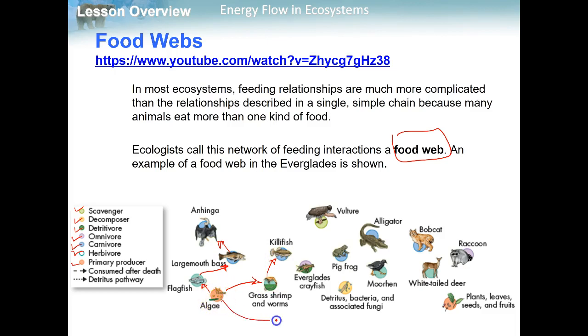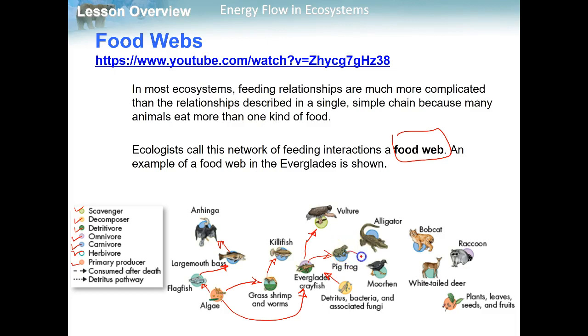The algae will be eaten by the crayfish as well. That crayfish can be eaten by the frog. It can be eaten by the vulture if it's dead. The crayfish is also going to feed off of detritus and bacteria and fungi.